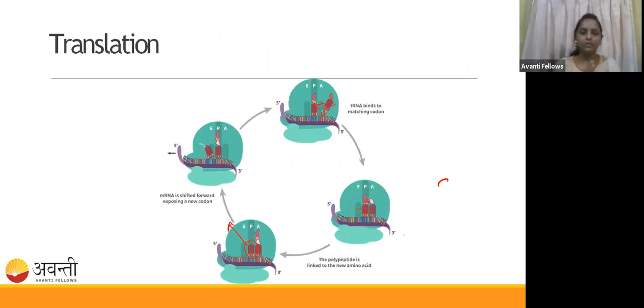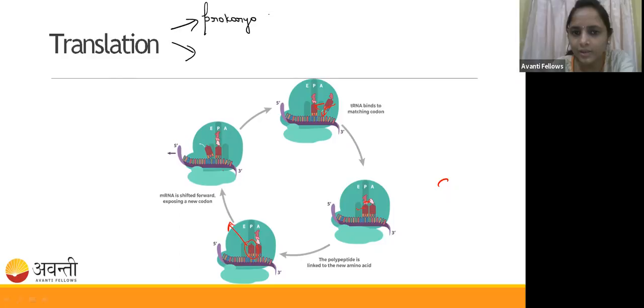Guys, you know that whenever protein synthesis is not taking place in the cell, at that time the ribosomes are not together. So tell me, guys, which type of ribosome is present in the prokaryotes? Is it 70S or is it 80S? Answer me in the chat box.